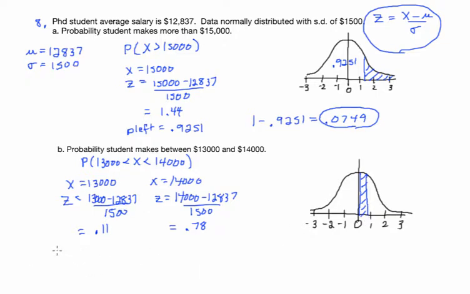So I'll use my chart. I'll find the probability that I'm to the left of this z-score. I look up 0.11 on the outside and find the probability on the inside. It's 0.5438. I look up the z-score 0.78 on the outside. And on the inside, it'll tell me the probability I'm to the left of that z-score.